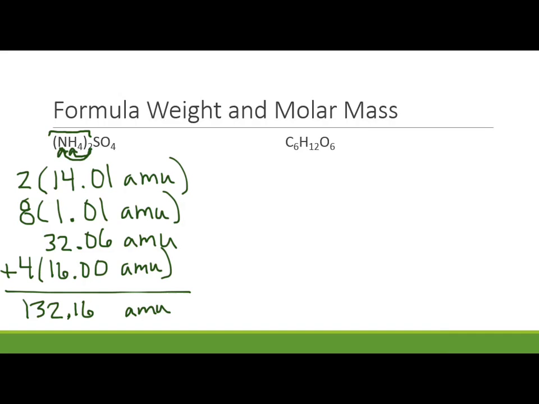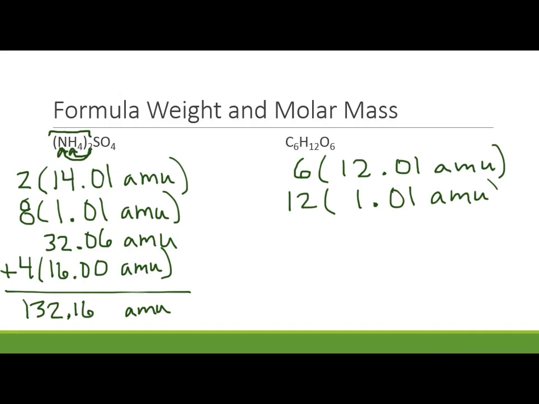This is glucose over here, C6H12O6. So we have 6 carbons at a mass of 12.01 AMUs each. We have 12 hydrogens at a mass of 1.01 AMUs, and 6 oxygens at a mass of 16 AMUs.